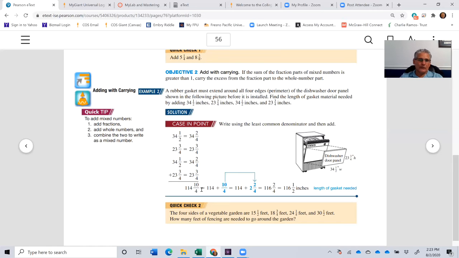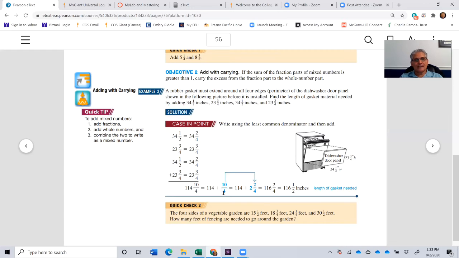Now 10/4 is an improper fraction. So we need to convert the 10/4 from an improper fraction to a mixed number. So we're going to separate it again. This is the whole point of keeping those numbers separate.